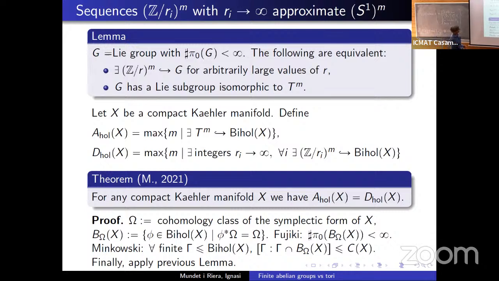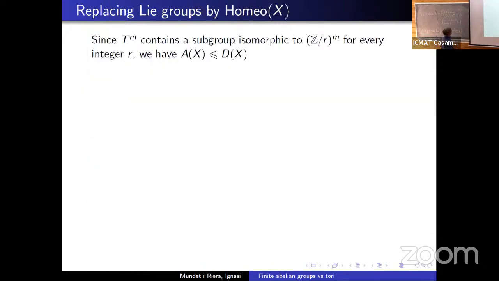Okay? Now, what we would like to do is to replace in the previous theorem the biholomorphism group by the homeomorphism group, okay? Which is a topological group, but well, it's in any possible sense an infinite dimensional group.